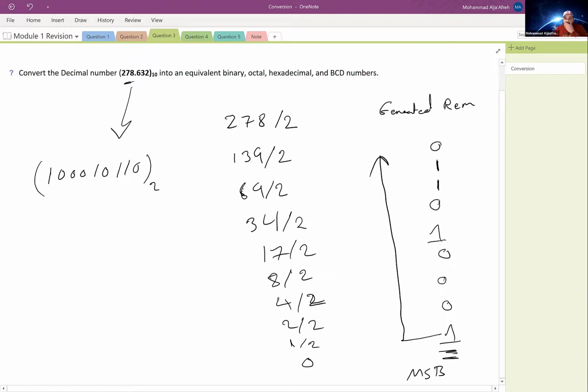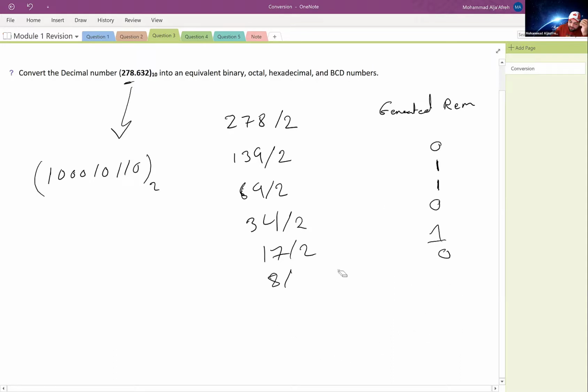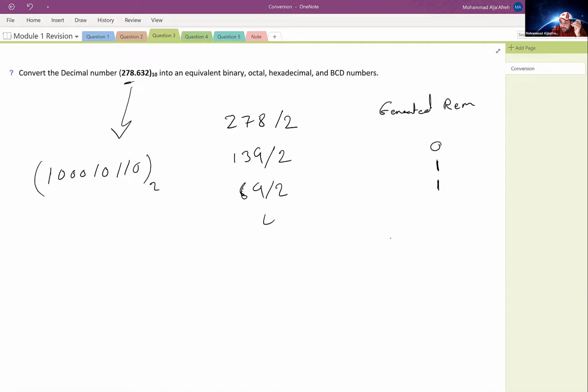Now, what about the fractional part? As you noticed, once a remainder has formed, the integer process always terminates. For the fractional conversion, instead of dividing by the base, I have to multiply by the base.